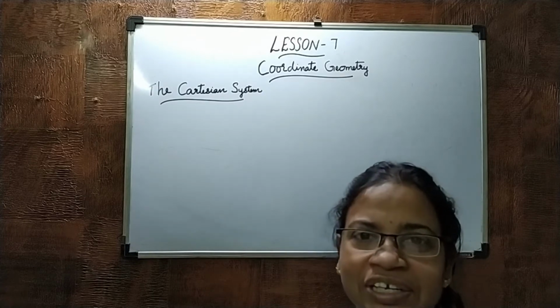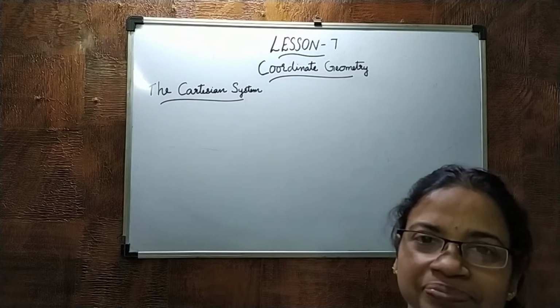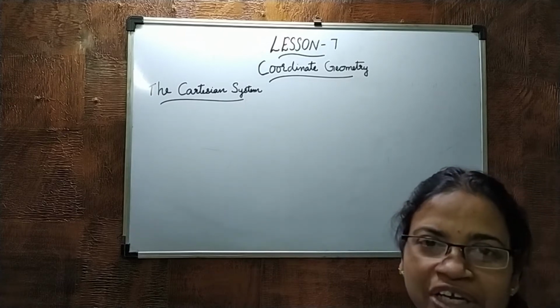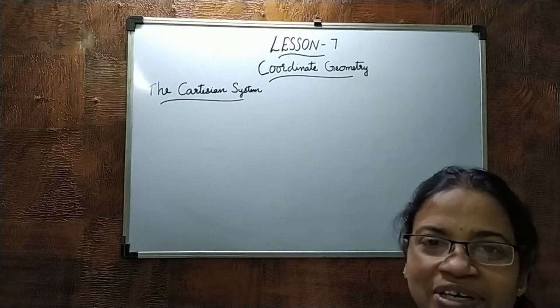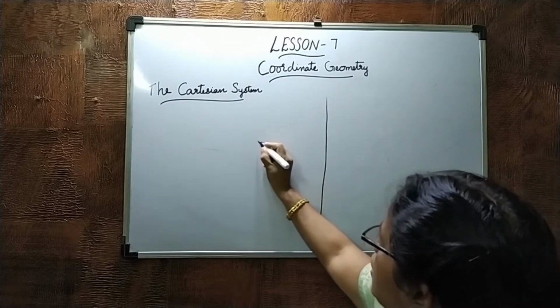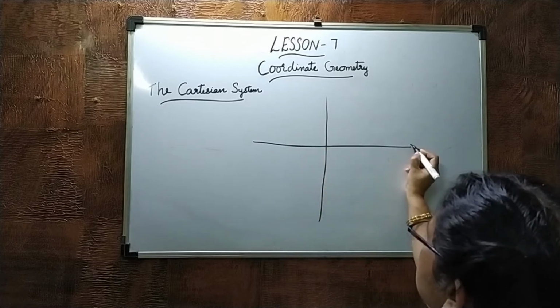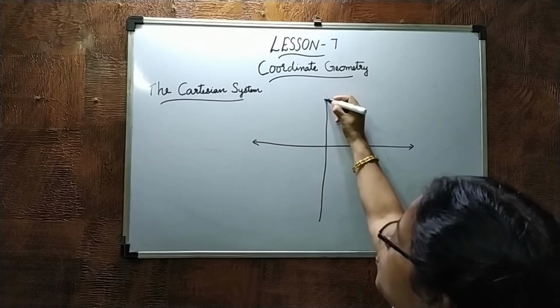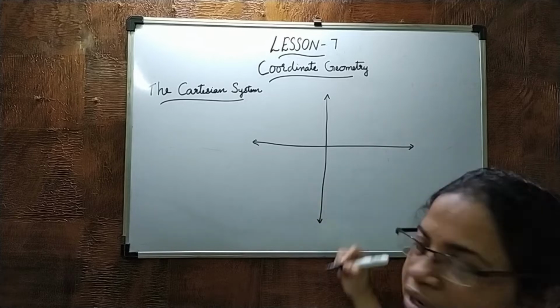There you have studied the Cartesian system, right? Cartesian plane, x-axis, y-axis, etc. Do you remember? We will draw a vertical straight line and then a horizontal straight line. Then we'll put arrow marks at the ends, right?